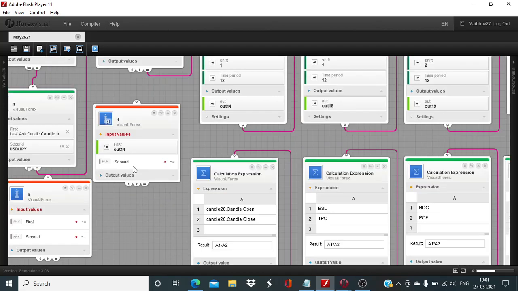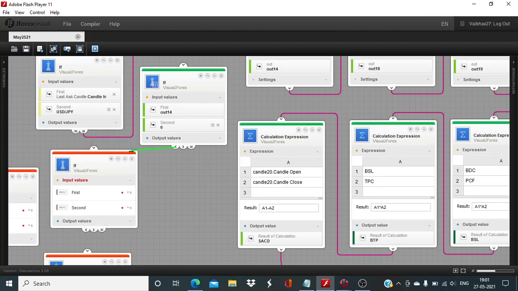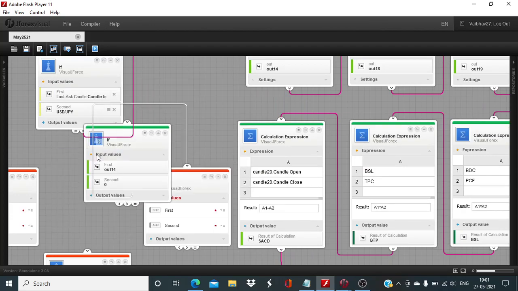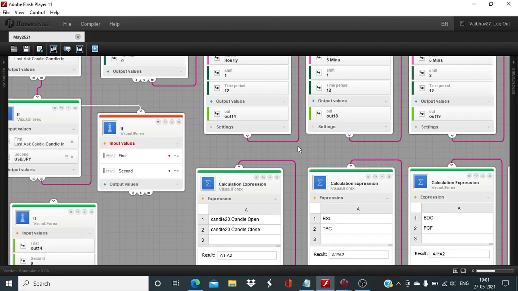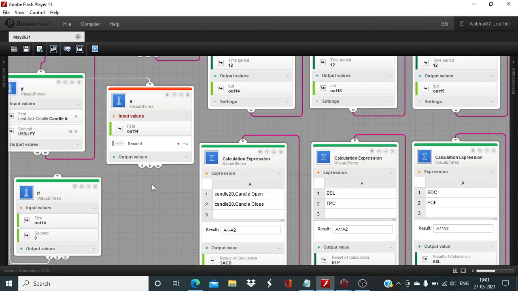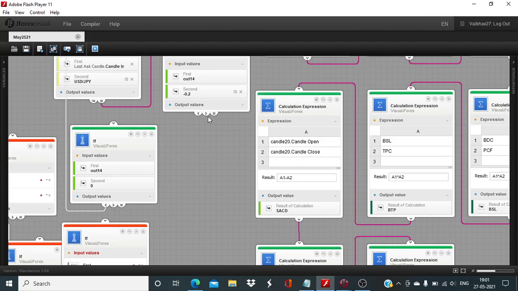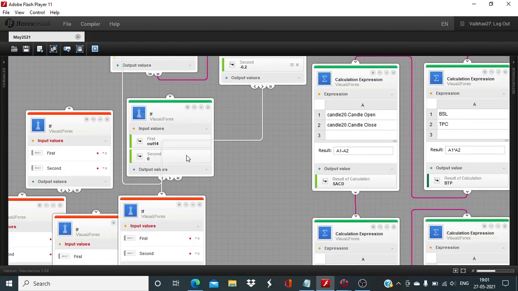So this value needs to be less than 0. First input less than second input, and greater than minus 0.2. First input greater than second input.